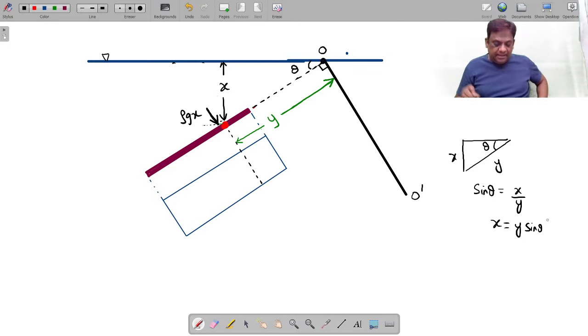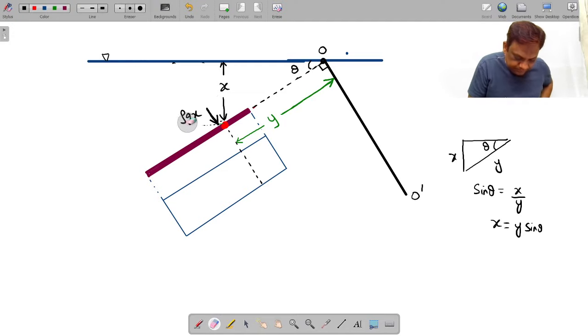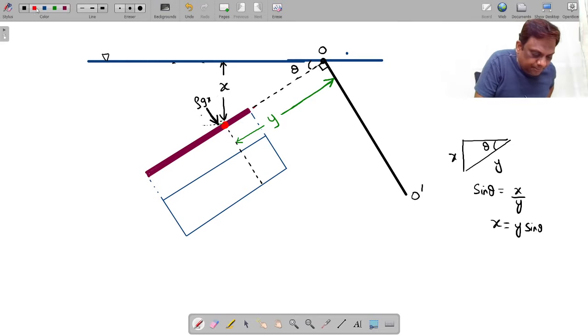Similarly, let us assume this to be the center of gravity.